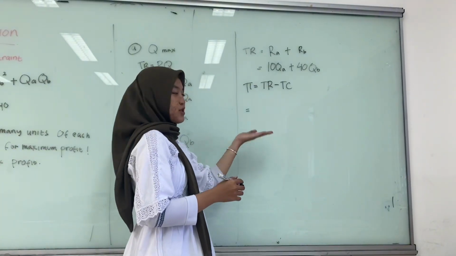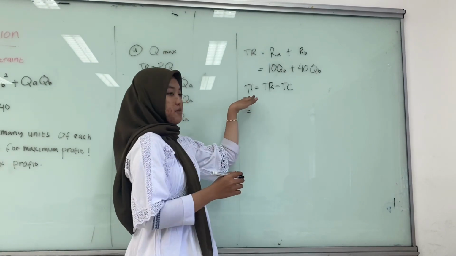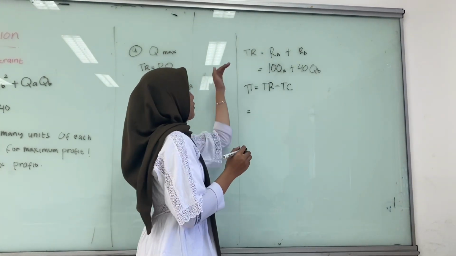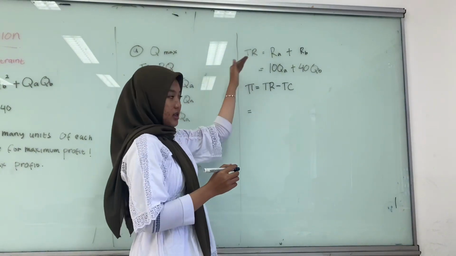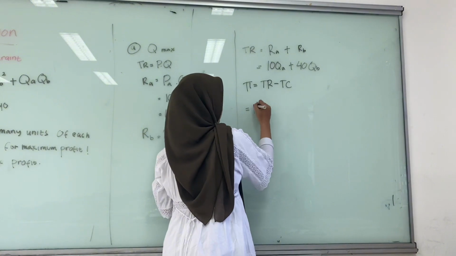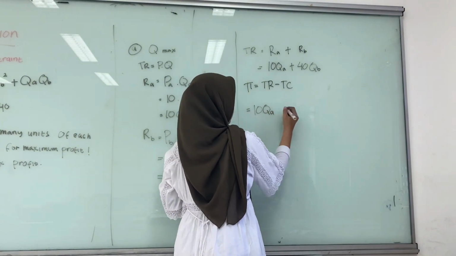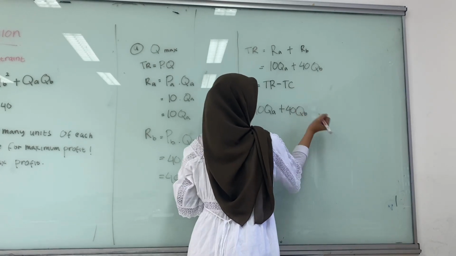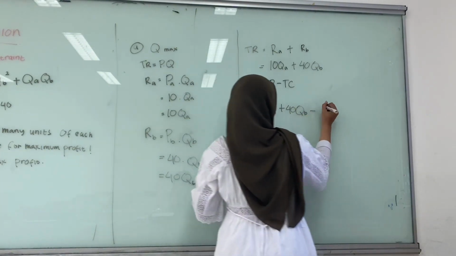Okay, the next is we search the profit. We know the TR, and we put it into this formula: 10QA plus 40QB minus the TC.